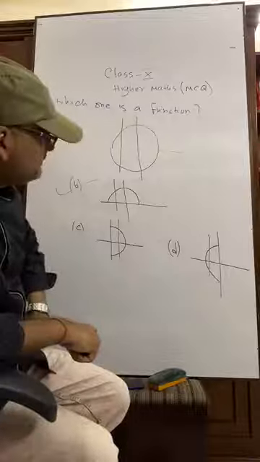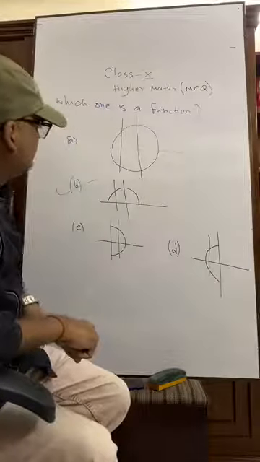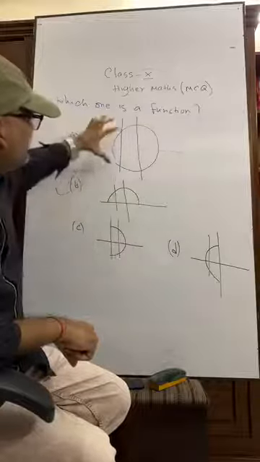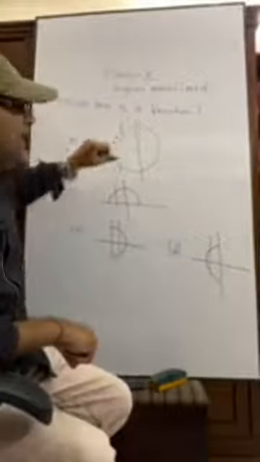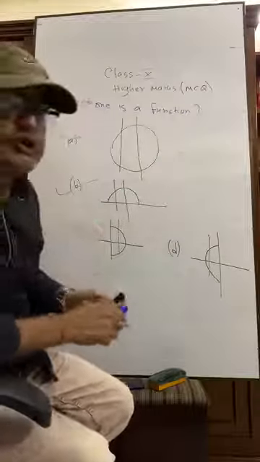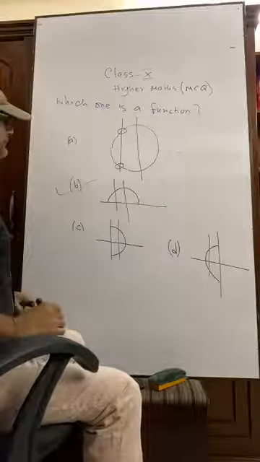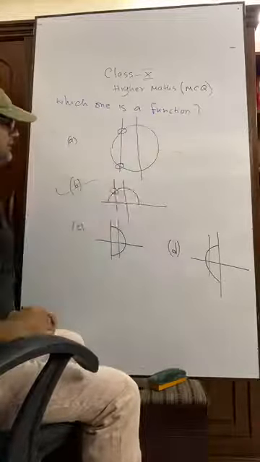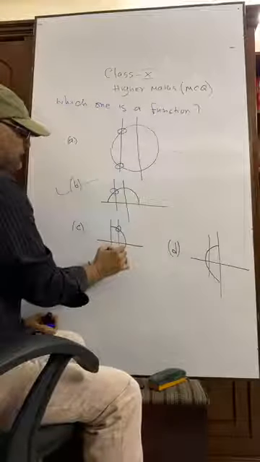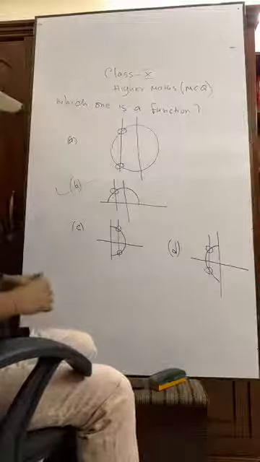The interesting fact is that this straight line, option number A, intersects the circle at 2 points. This and this. This is only 1 point. This is 2 points. This is 2 points. Have you seen?